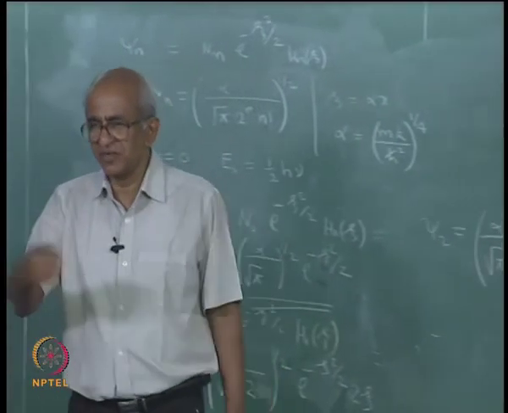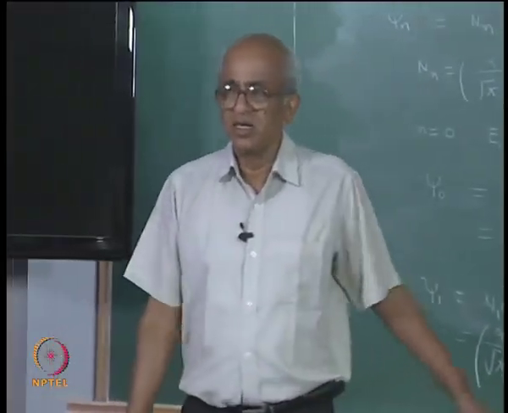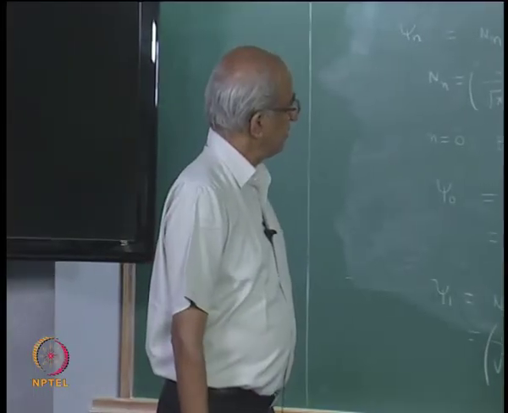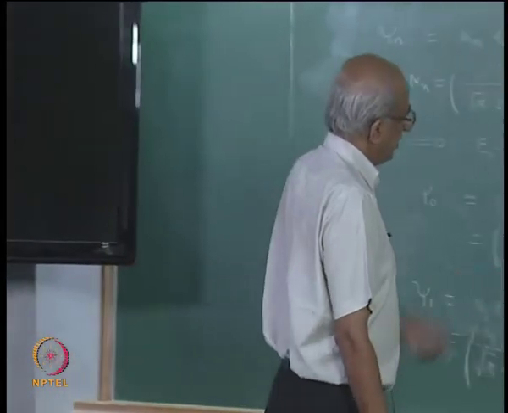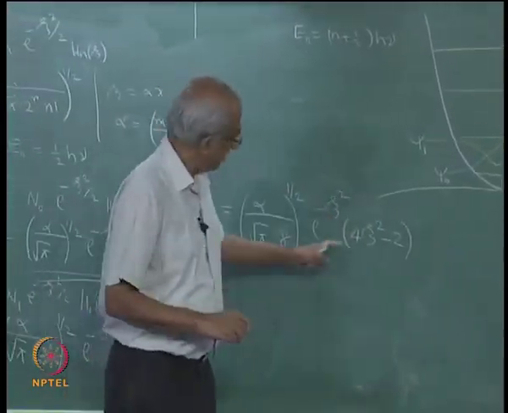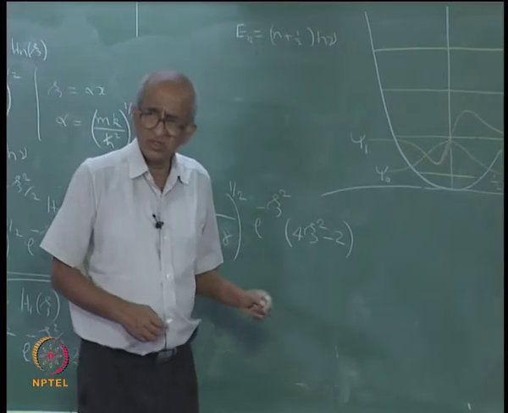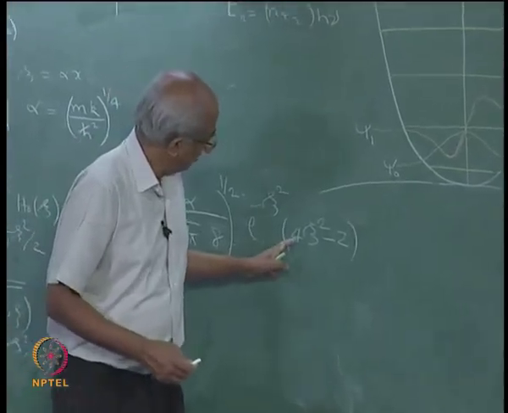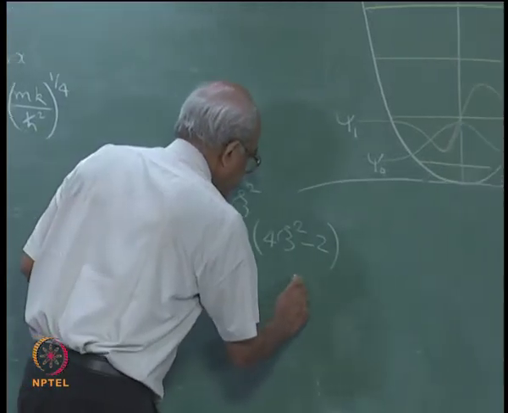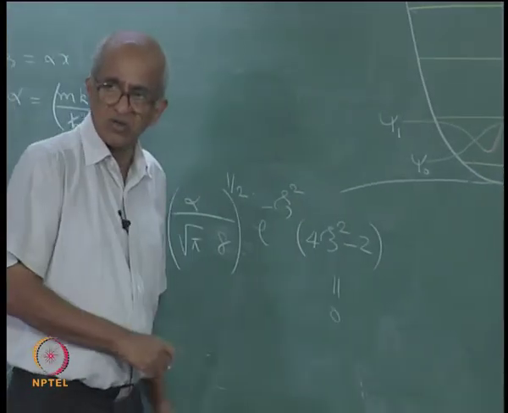Remember H2 I had written in the morning, it is actually 4 c square minus 2. So, again you will notice that this is an even function first of all. The second thing is where are the zeros of this function? Well, when you have 4 c square minus 2 is equal to 0, you would have the function equal to 0.